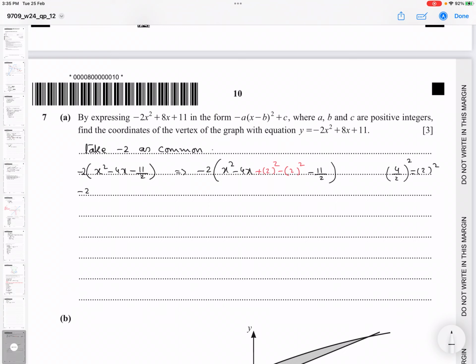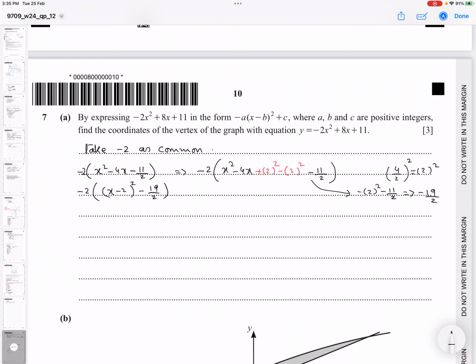Now write negative 2. This first portion is x minus 2 whole square, and when you solve the second portion, negative 2 square, negative 11 over 2, this gives you negative 19 over 2. So you write negative 19 over 2.